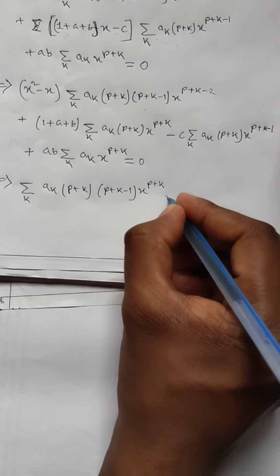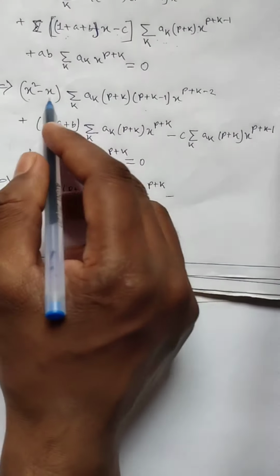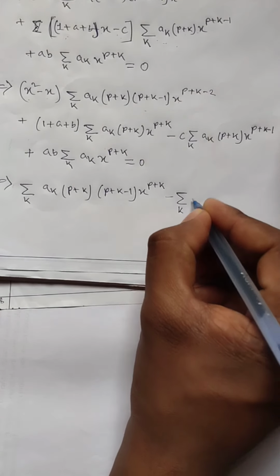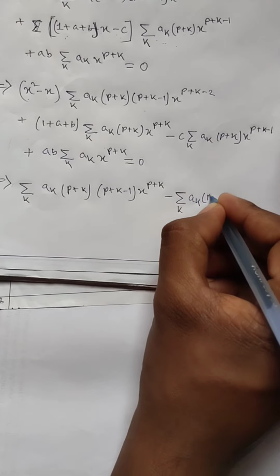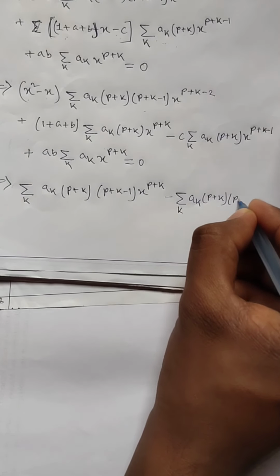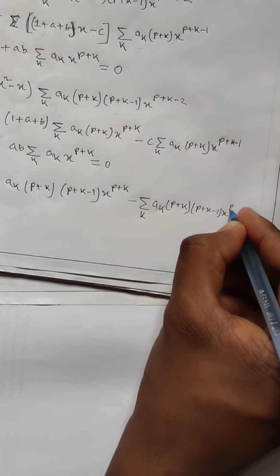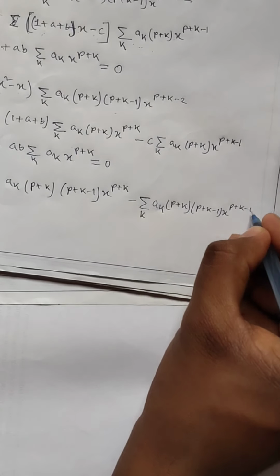And minus, if we multiply this with this x, then we get the summation over k of a_k (p plus k)(p plus k minus 1) x to the power p plus k minus 1.